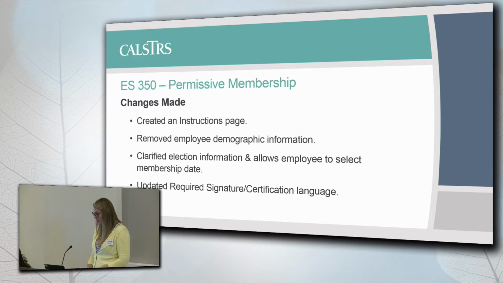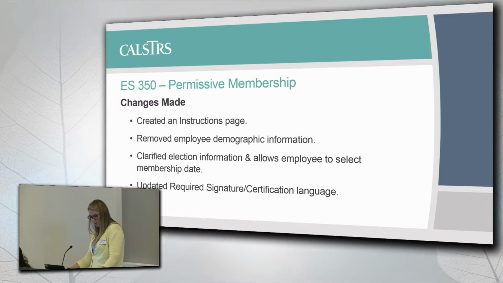The changes that we made to the form are: the form never had an instruction page before, so we created one and moved some of the pertinent information from the front of the form to the instruction page. We removed the demographic information to be in line with our information security risk assessments.